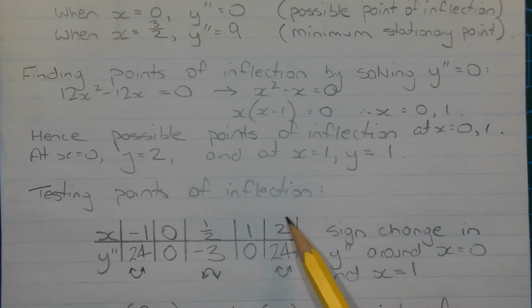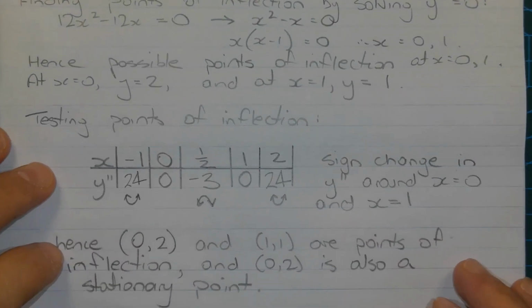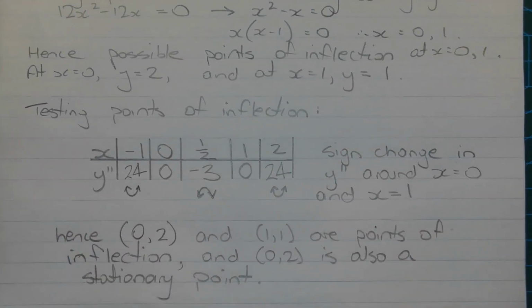And when x is equal to 2, y double dash is equal to 24, so it's concave up there. So we have a sign change, positive, 0, negative, 0, positive. Hence, the points 0, 2 and 1, 1 are points of inflection, and the point 0, 2 is also a stationary point.